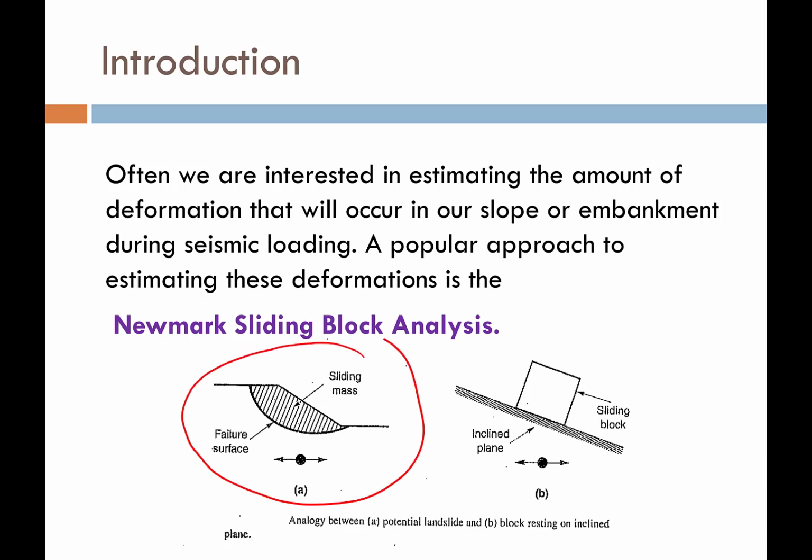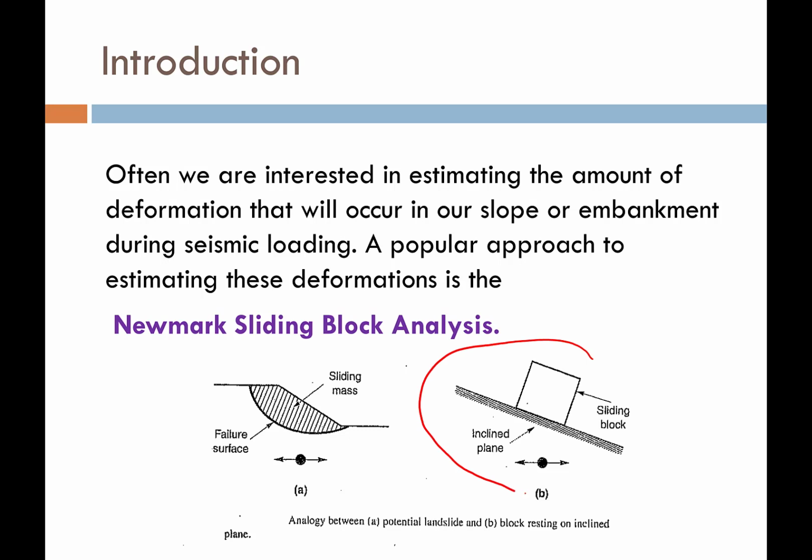It equates the sliding mass of a cross-section of a slope, where the ground is moving back and forth, to an equivalent block with a mass on an inclined plane, and that inclined plane is sliding back and forth.